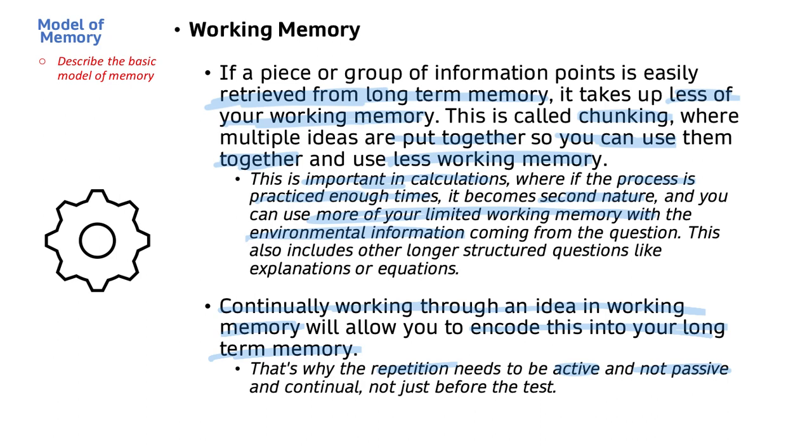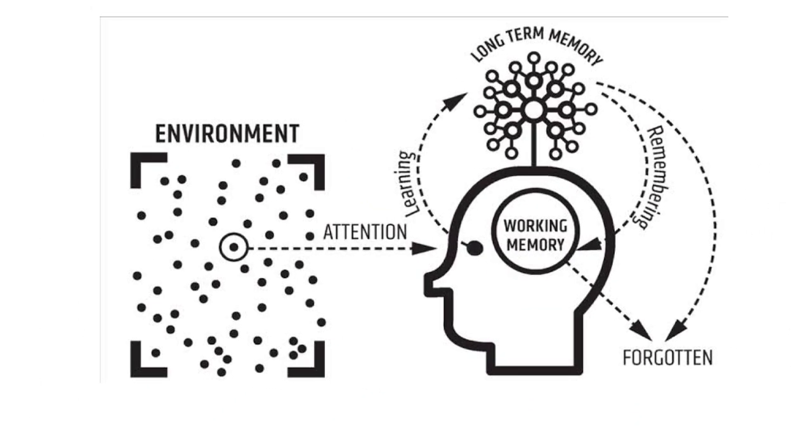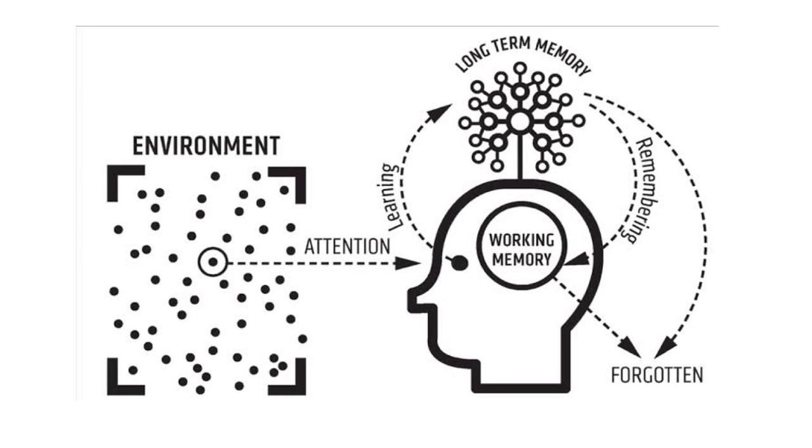So this diagram here summarizes the ideas that are expressed in this video. Okay, so you have the environment. This is maybe some part of the problem. Okay, and so you have to focus on a particular thing, and then you get your attention. Right, this is taking information from the environment.